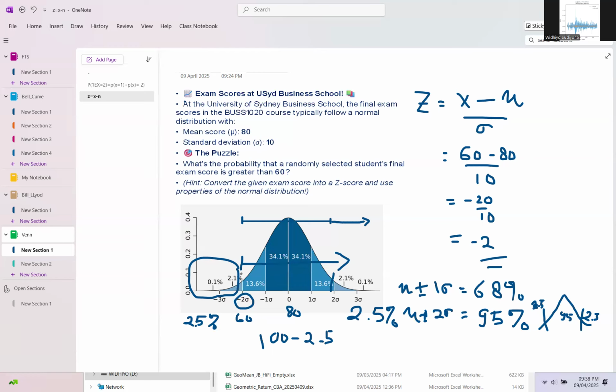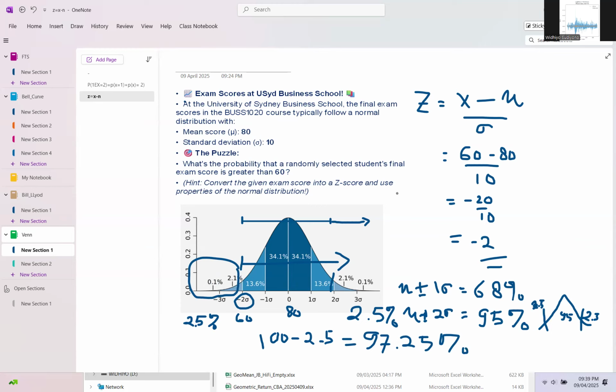We only want from minus 2 until infinity. So the answer would be around 97.5. Or the 2 sigma would be 95% plus one of the tails, which is 2.5. So the answer should be around 97.5.